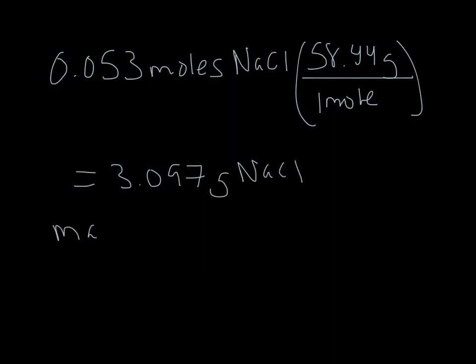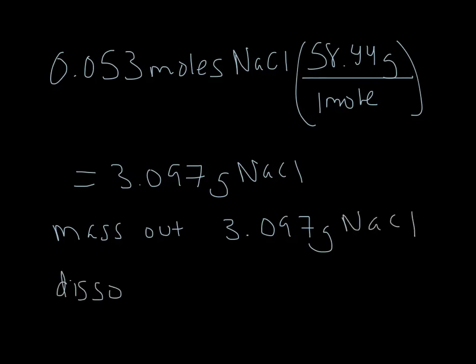So to make the solution, I would mass out 3.097 grams of NaCl, and I would dissolve that in 25 grams of H2O.